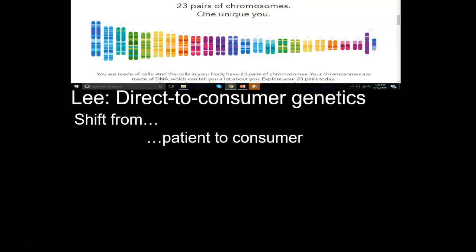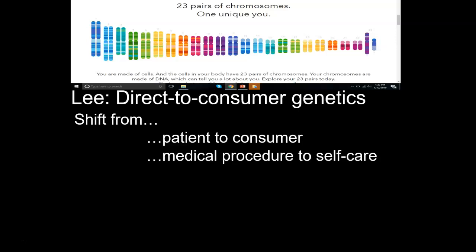So one is a shift from people conceptualizing themselves as a patient, typically in relationship to a doctor, and instead now people conceptualizing themselves as consumers, right? So instead of taking your health concerns or your interest in knowing more about the genetics of your health to a physician, you buy this service from 23andMe. You stop being a patient and start being a consumer.